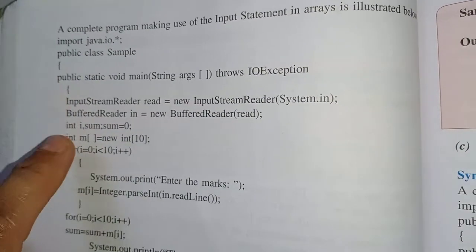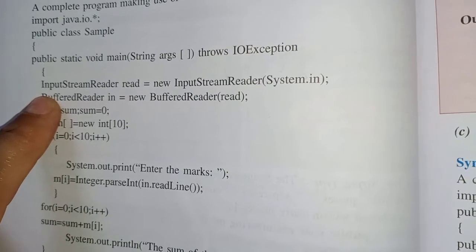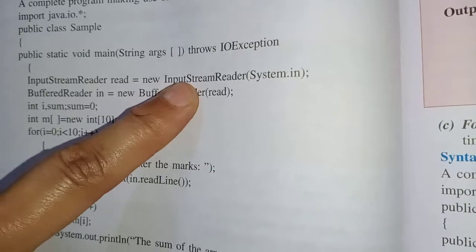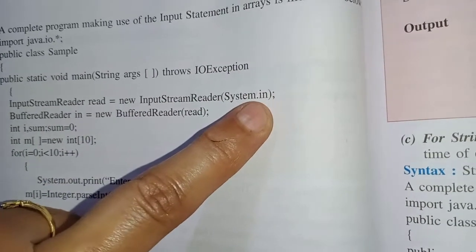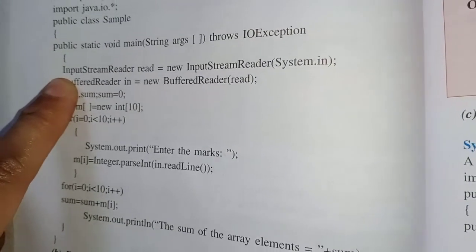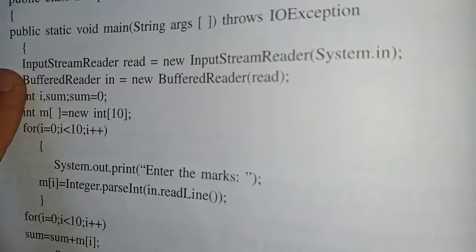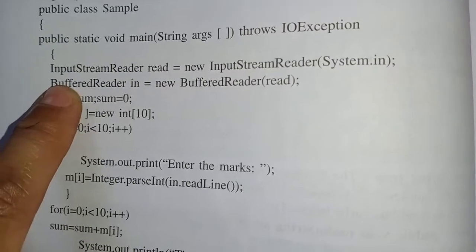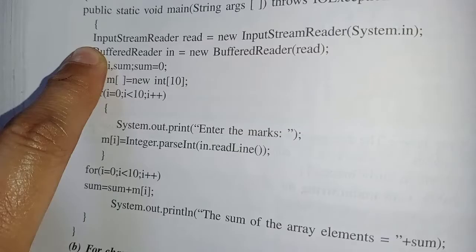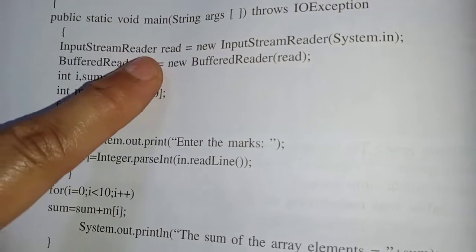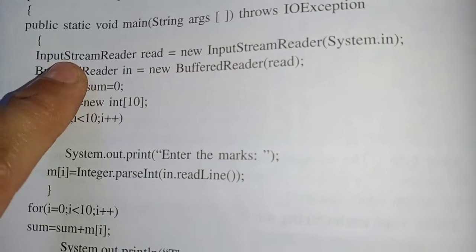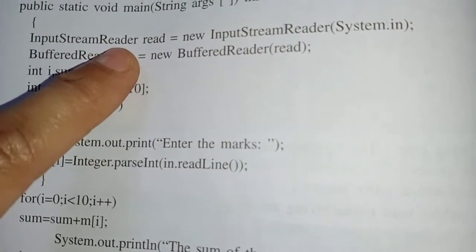After this curly bracket, then two lines, you are already familiar with these lines. InputStreamReader read is equal to new InputStreamReader(System.in). See carefully: InputStreamReader, you have to write together without space, I capital in InputStreamReader, S capital in Streams, R capital in Reader.